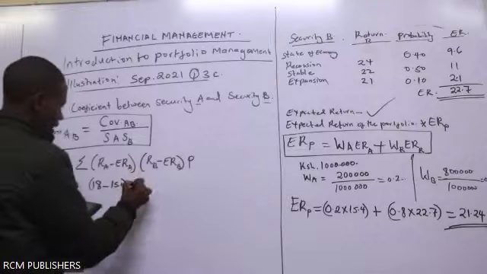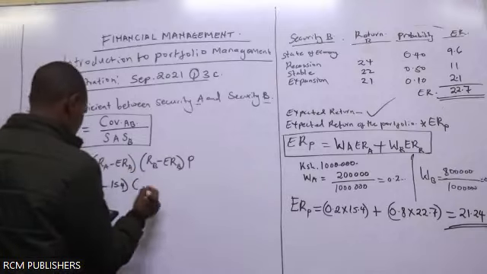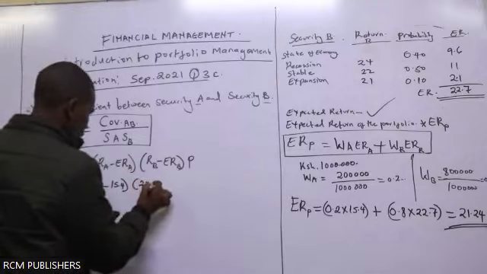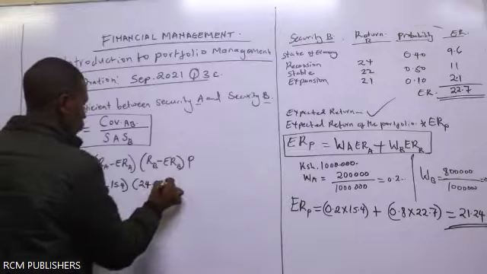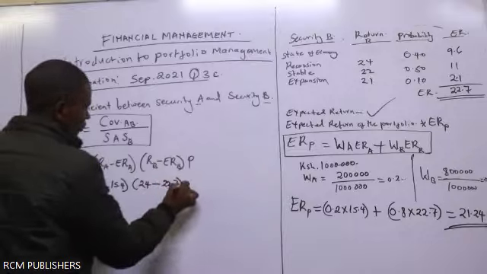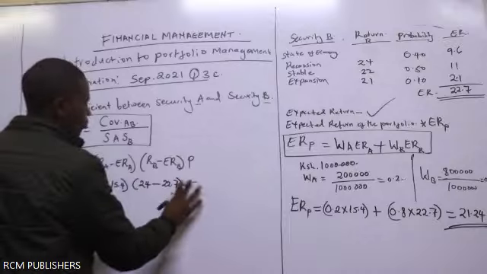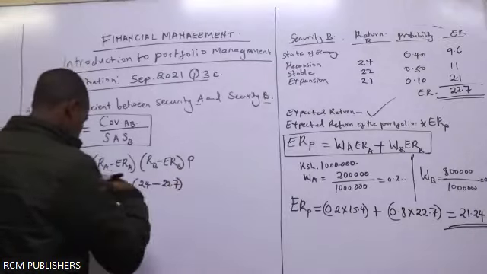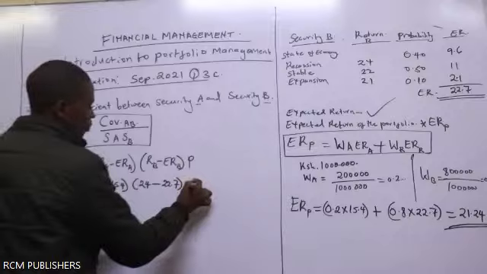Then we multiply this by return of B for the same, which is 24, minus the expected return of 22.7, and then multiply this by the probability for the recession, 0.4.